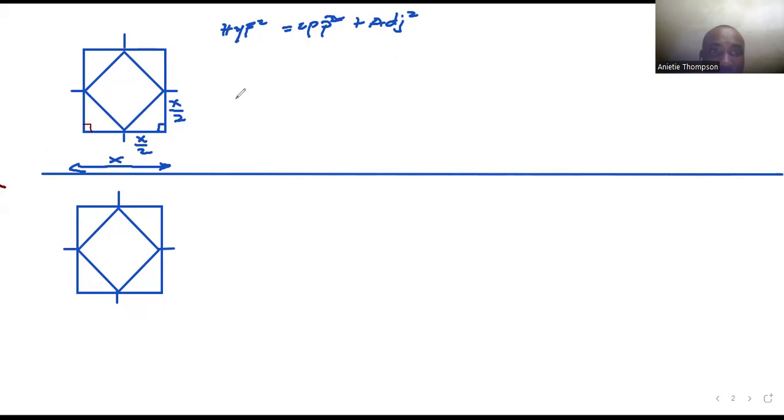Having known your H, you have H squared equals opposite squared plus adjacent squared.